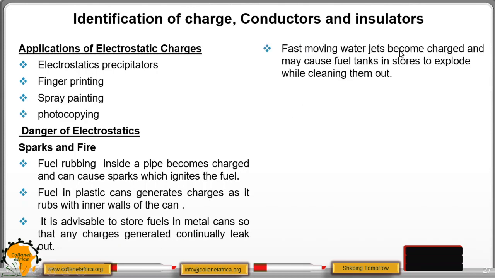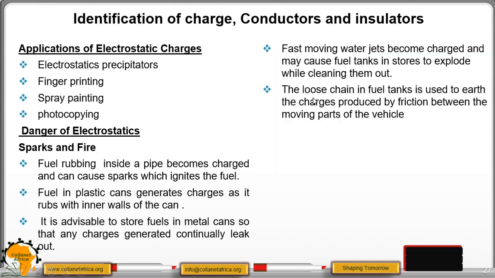Fast moving water jets become charged and may cause fuel tanks in store to explode while cleaning. Then we have the loose chain in fuel tanks, used to carry away the charges that are produced by friction between the moving parts of the vehicle. Whenever there is friction or rubbing, there is formation of static charges.